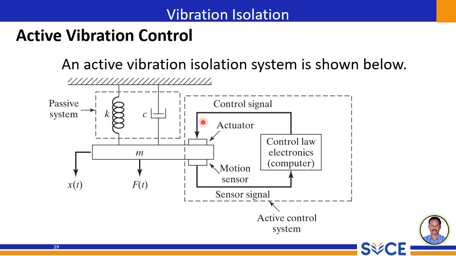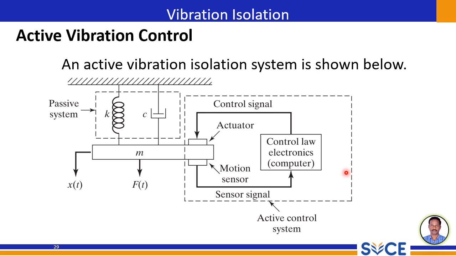Passive system provides some inherent vibration isolation. Active system enhances this by actively counteracting and absorbing the vibrations. Active vibration control offers key advantages. It can achieve a higher level of vibration isolation compared to passive systems.